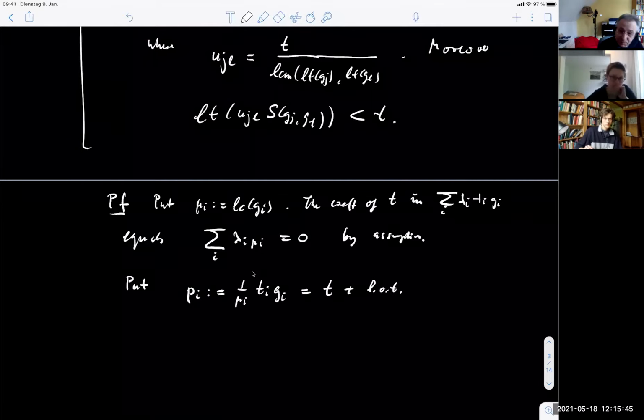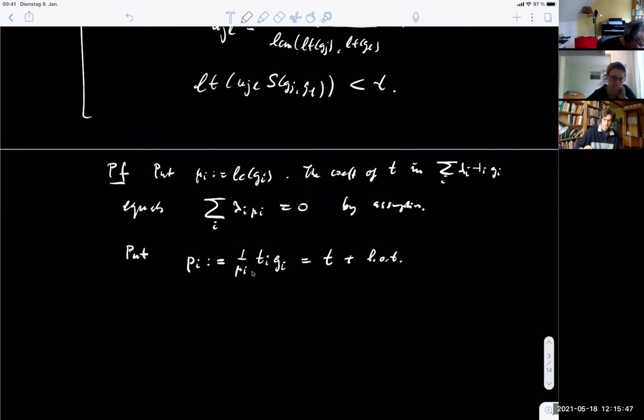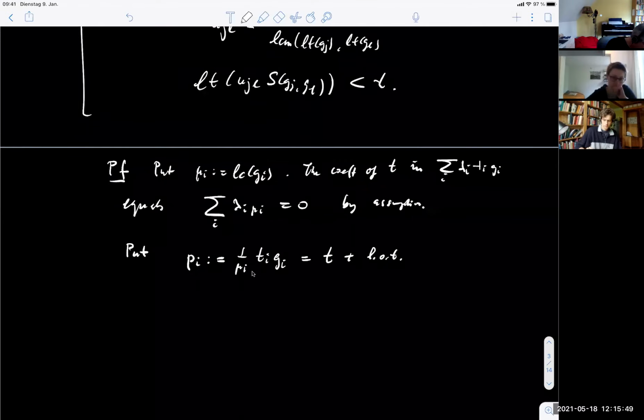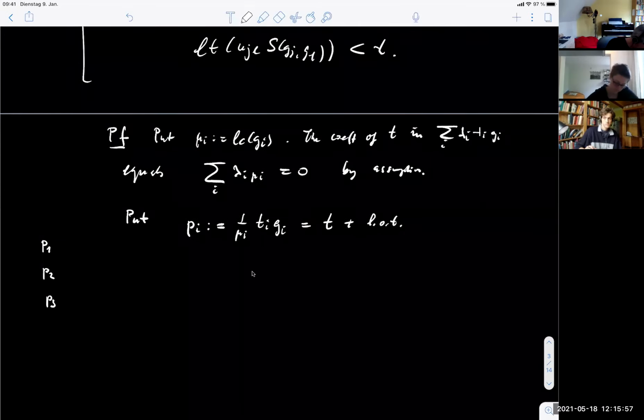what usually helps me is a little picture. I put here a column of polynomials, P1, P2, P3, up to P S minus 1, P S. These are all the polynomials that are relevant to us. I will take a linear combination of them, but they all have the same leading term.